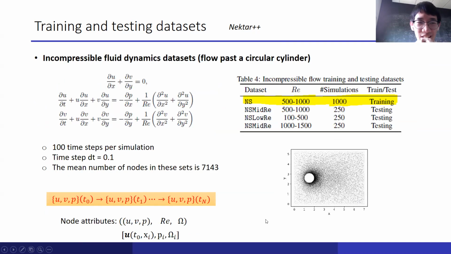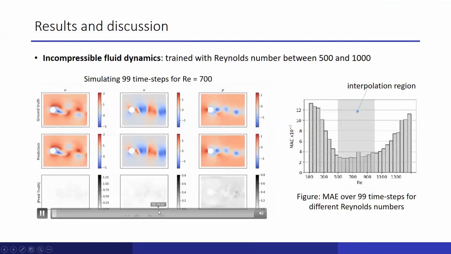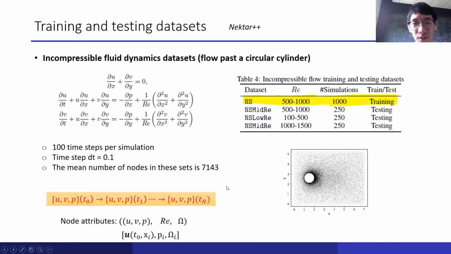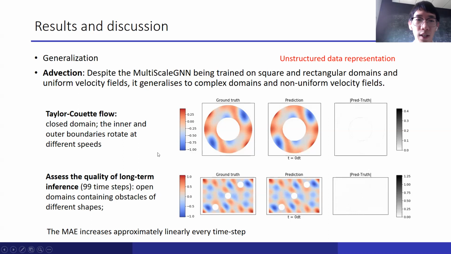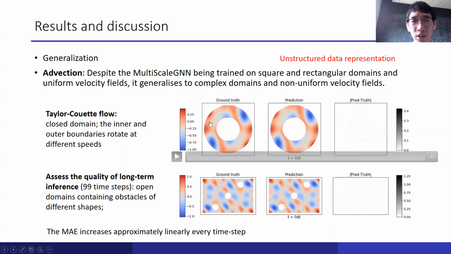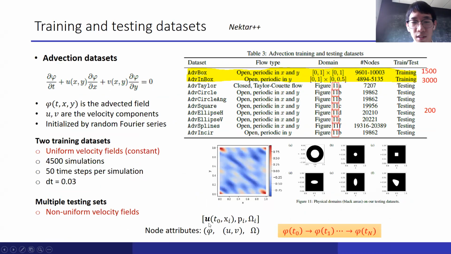Yeah, I don't have a good answer for this. Shengze, what's going on during testing? I understand the training, but during testing. Okay, during testing, for example, you need to provide the graph at the initial time step, right? So the input is a graph at the initial time step, and the graph includes this information. Okay, so you know the boundaries then.